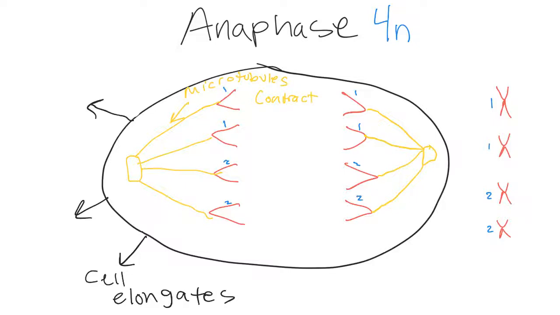Those microtubules are pulling the chromosomes further to one side of the cell, on both sides, while at the same time the cell itself is elongating. So that's anaphase A and anaphase B. Which one is which? A is the cell elongating, B is the microtubules contracting.